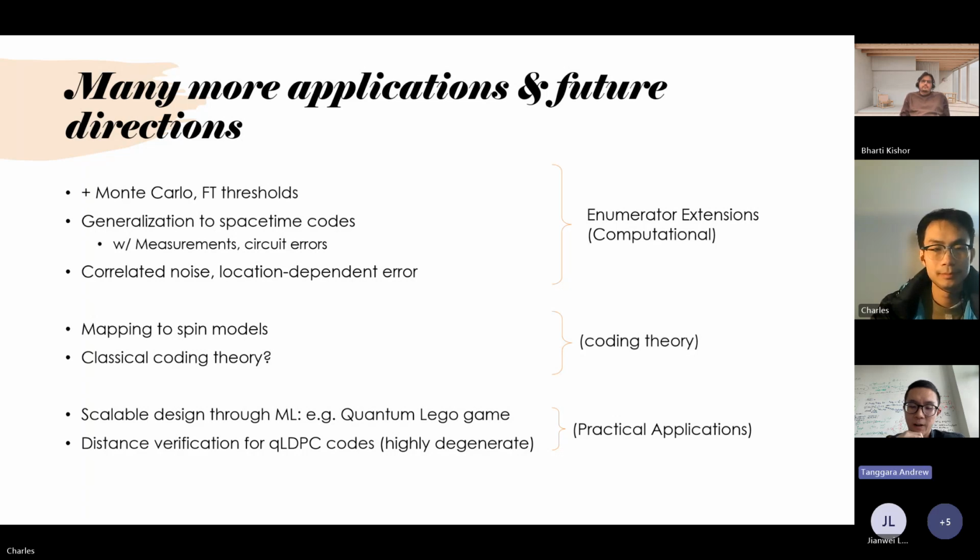What do you think we can get from the enumerator of the circuit-level noise? Could we perhaps learn the fault-tolerant property of that circuit? Sorry for interrupting you. Please go on. I'm just wondering if you have any comments on that.